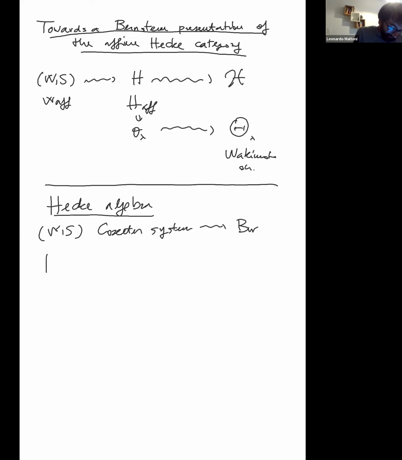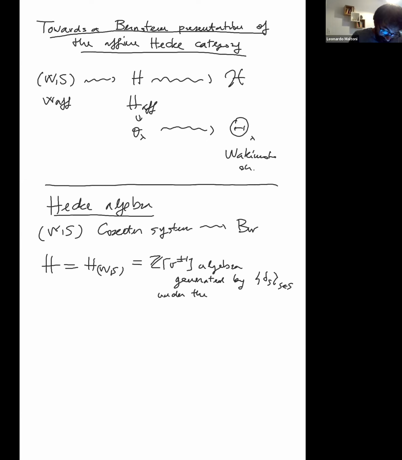And so we can construct the Hecke algebra from this data, which is a Z[v, v^-1]-algebra generated by elements δ_s, one for each s in S, under the following relations.